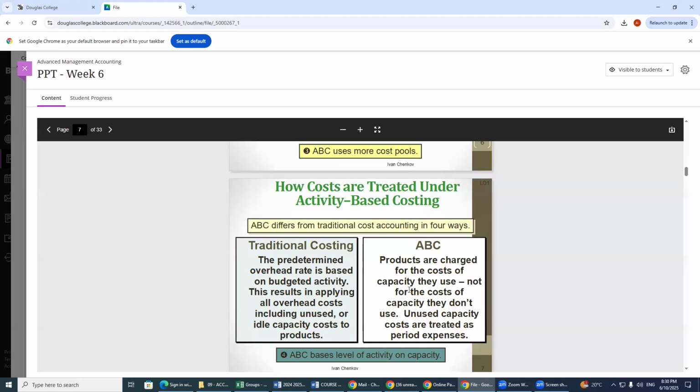Used, unused, we just apply it. So we're going to include everything, unused, idle capacity, everything. In activity-based costing, now we're going to charge to the product only and only the costs that they are actually using. We're not going to allocate the idle capacity. We're not going to allocate the cost just because we have to allocate the cost. All those other costs which are not related to our product, we're going to treat as a period cost.